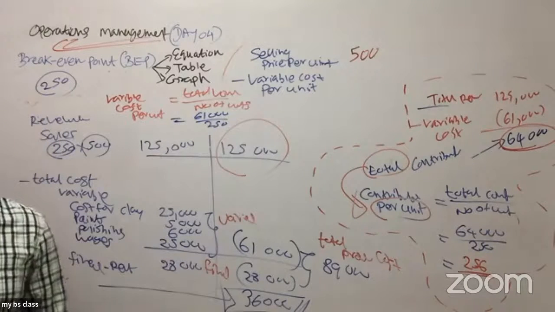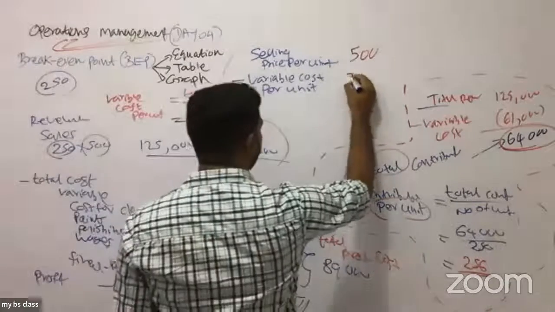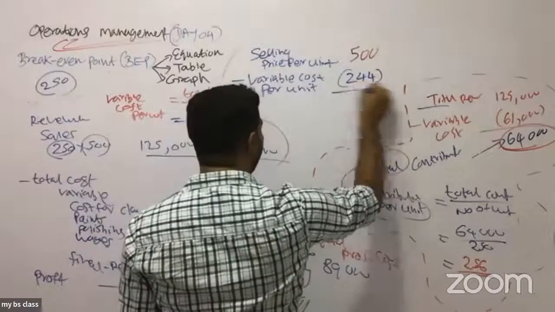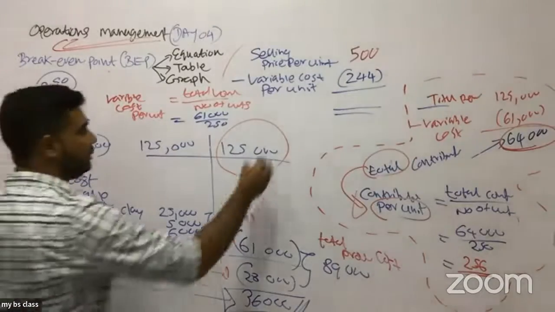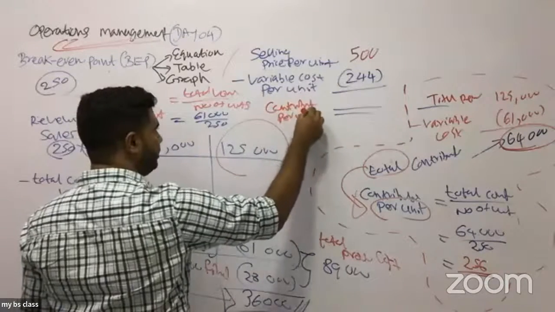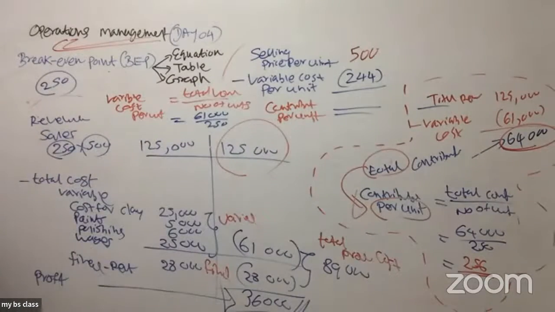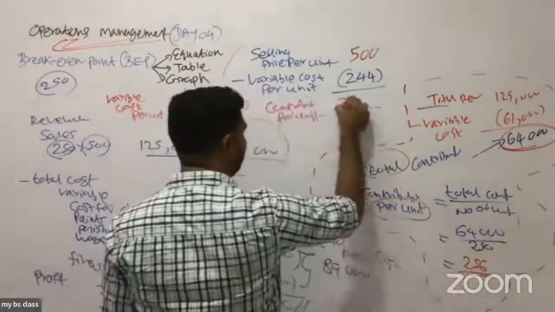See what answer comes. 61,000 divided by 250, you are getting 244. Now let's see if we get the contribution per unit. What is the contribution per unit? 500 minus 244. Yes, the answer 256 comes.